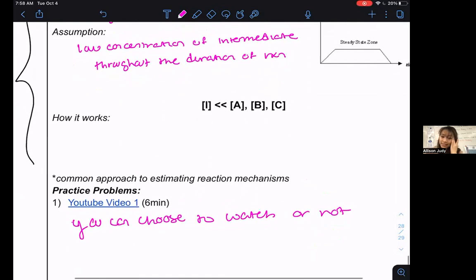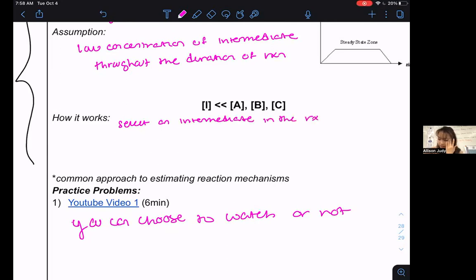So how this works is that you have to select an intermediate in the reaction and calculate its low concentration, right? It's very low concentration, assuming the above is true.